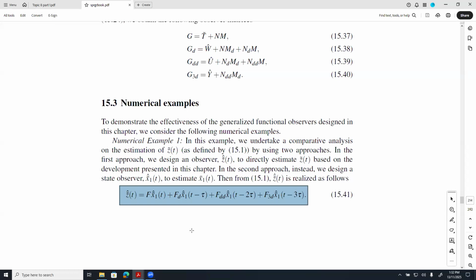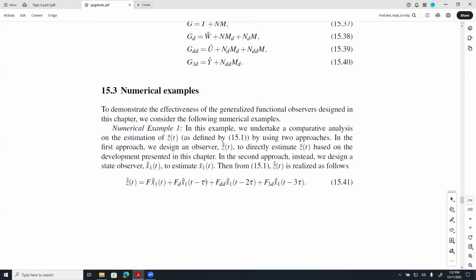In this approach, what we do is we estimate the stack vector x bar 1 of t, and then we delay it by tau, and then we delay it by 2 taus, and then by 3 taus to realize this generalized functional. And then we do the other option, which is to estimate it directly.